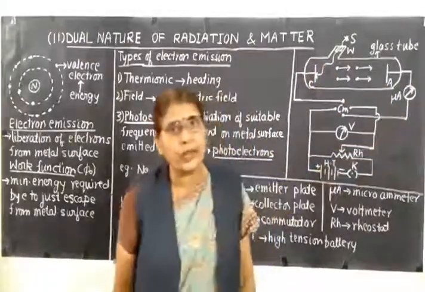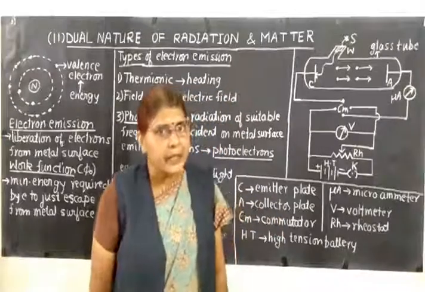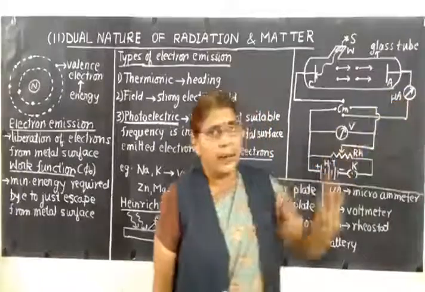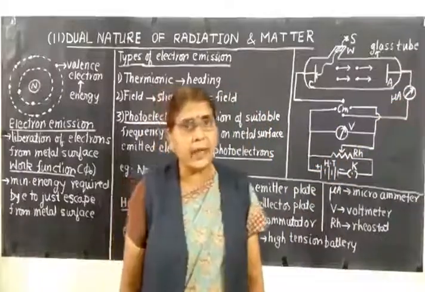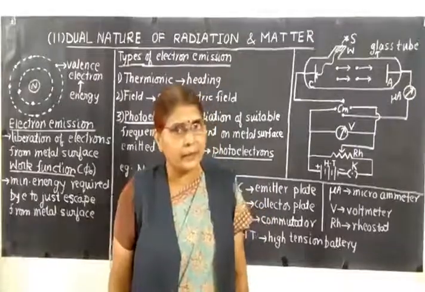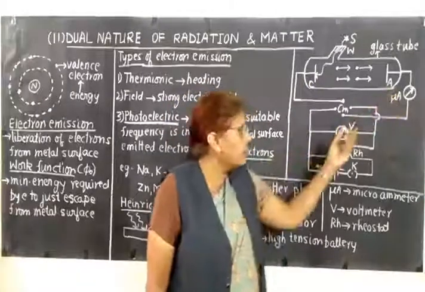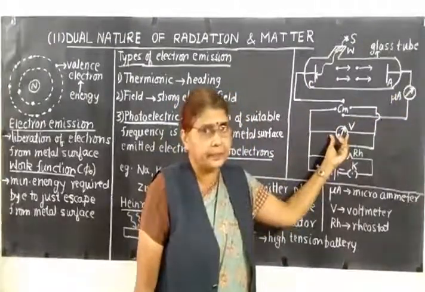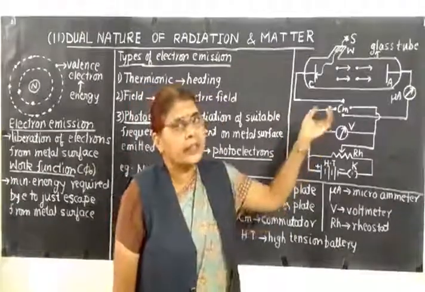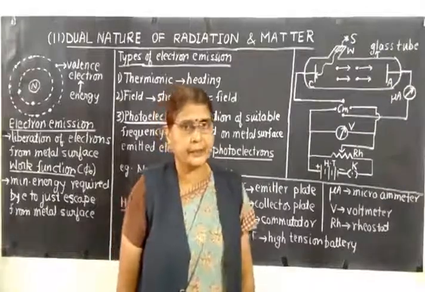The flow of electrons is called the photoelectric current, and it is measured by a microammeter, mu A. Micro, because the current is very small, of the order of 10 raised to minus 6 amperes. The potential difference between C and A is measured by the voltmeter V. This is a very simple arrangement which demonstrates the phenomenon of the photoelectric effect.